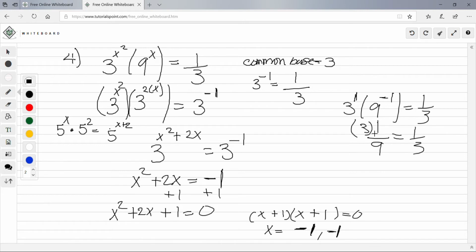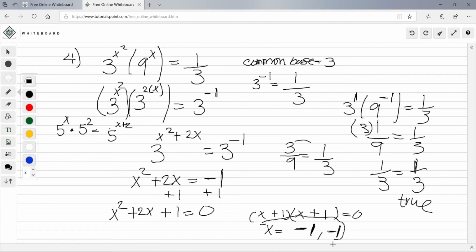So 3 times 1 is 3/9, and when you reduce it by dividing everything by 3, that becomes 1/3. So that's true. Our two answers are x equals -1 and x equals -1.